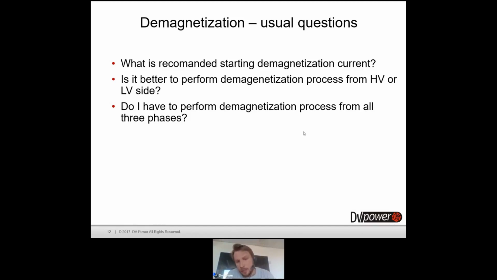So in some cases, when one leg, for example, leg of phase A, first leg, is magnetized much more than phase C, it means that the magnetization process of middle phase will not give us the very good results that we expect. So our procedure and recommendation is to perform all three phases, and in that case, we will be 100% sure that the magnetization process is successful.